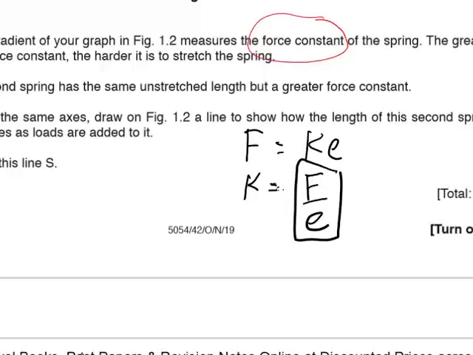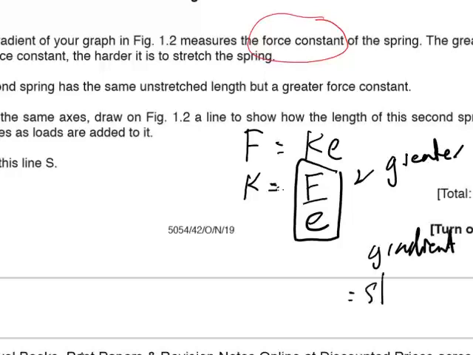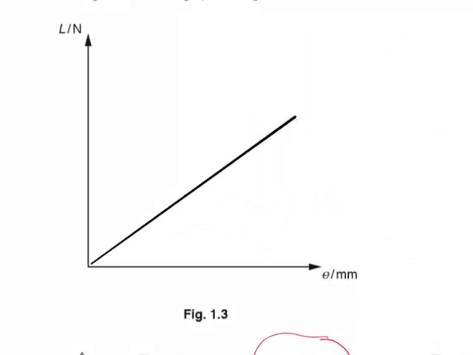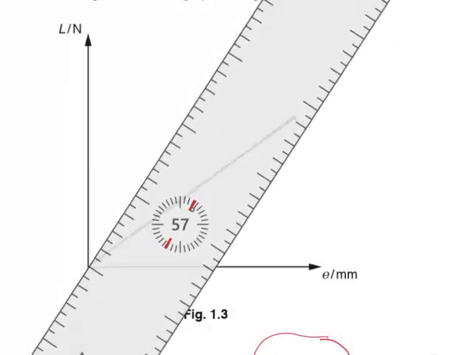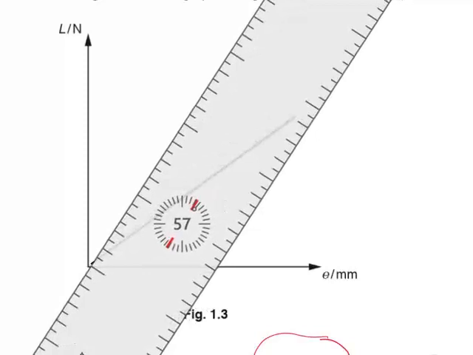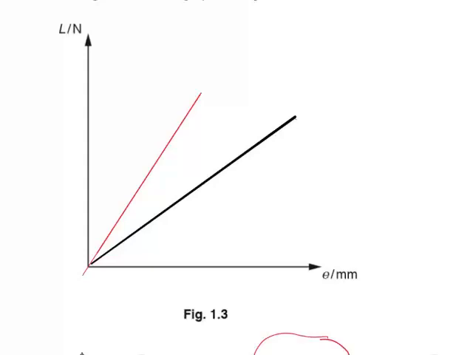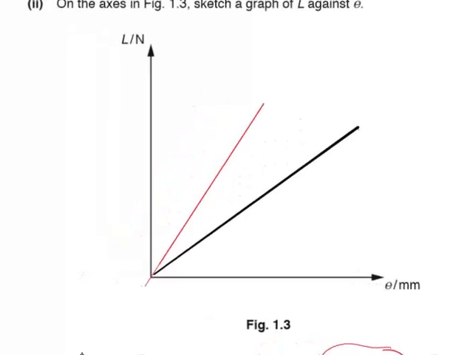So if it says greater spring constant, meaning greater gradient, meaning a steeper gradient. If you want to draw a steeper gradient, it's very easy. We just take a ruler, make a steeper graph. All right, so you will have that one labelled as S.